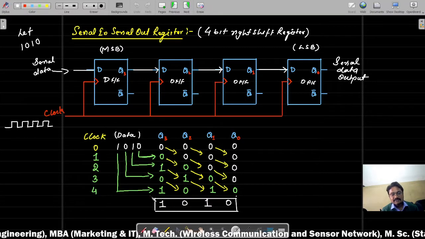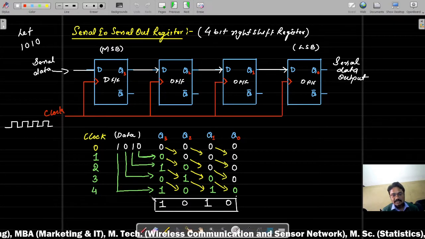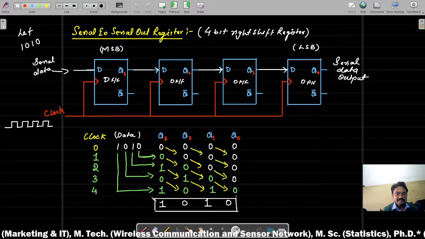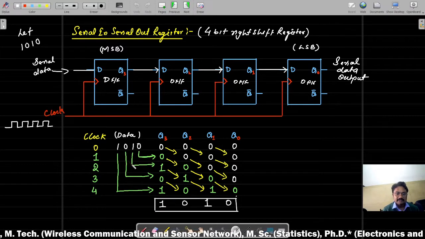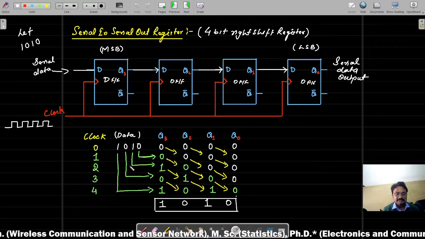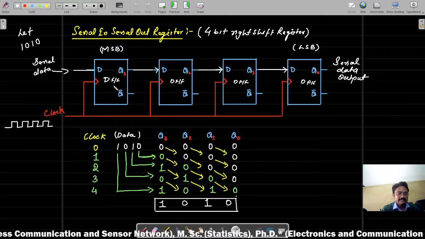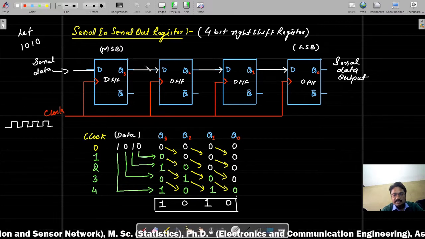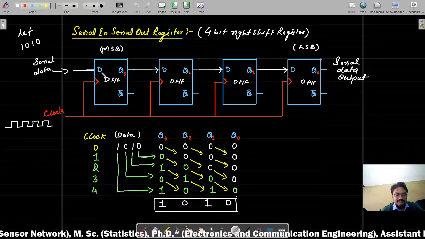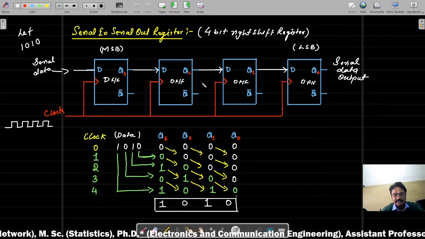Now let's try to understand the first one, the serial in serial out register, and especially we are discussing the 4-bit right shift register in this slide. You can see what we told you in the earlier slide, that registers are nothing but a series connection of different flip-flops.